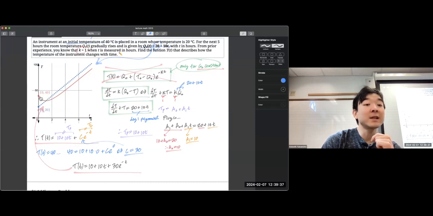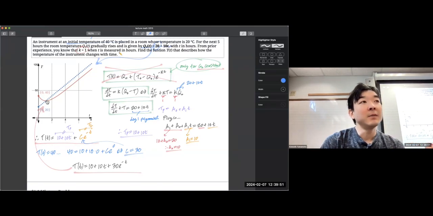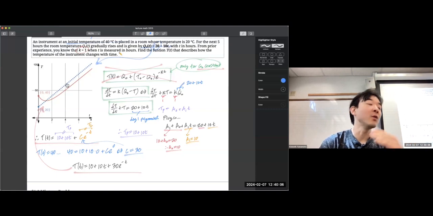And so that's why it's like, okay, well, I was cooling down because the room was colder than me. I attained the same temperature as the room, but wait, the room looks like it's heating up. And so now the object is also going to heat up with the room, but it's going to lag because the room heats up first, and then the object is going to react and heat up with it. So it's going to follow the upward trend, but with a delay. That's why the blue graph is actually higher the whole time.